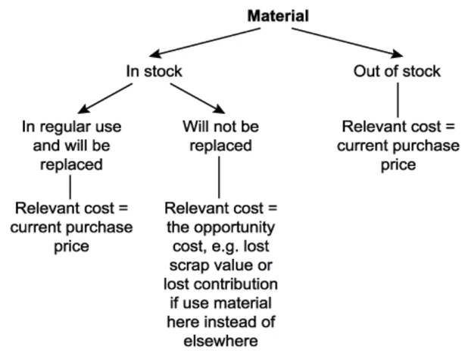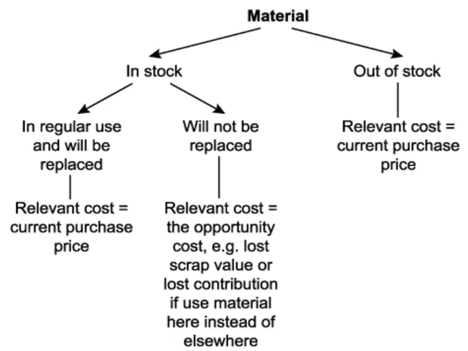If the materials are in stock, we have to find out, are they in regular use and will they be replaced? If yes, then their relevant cost will be their current purchase price. So if you have some materials already in stock, we regularly use them and they will have to be replaced, then it simply means that their relevant cost will be their current purchase price.